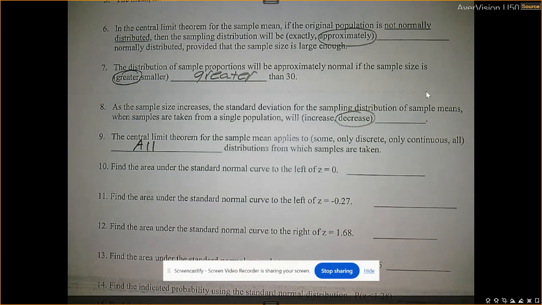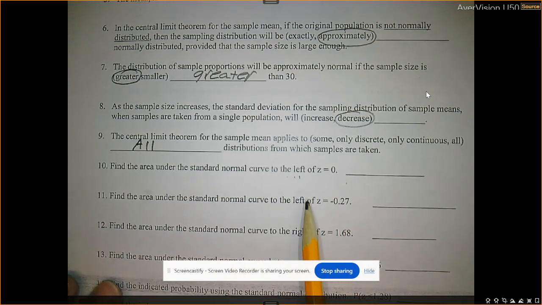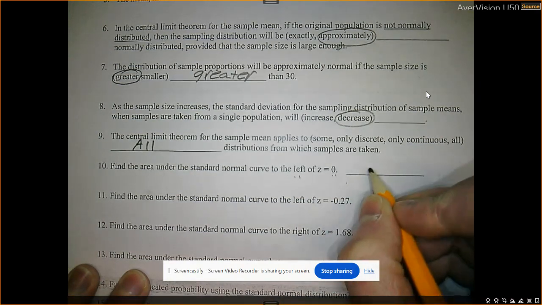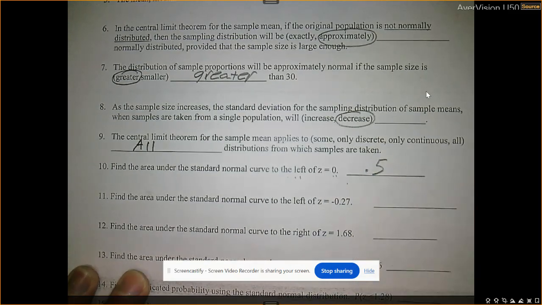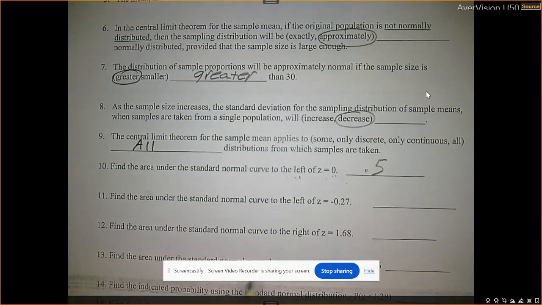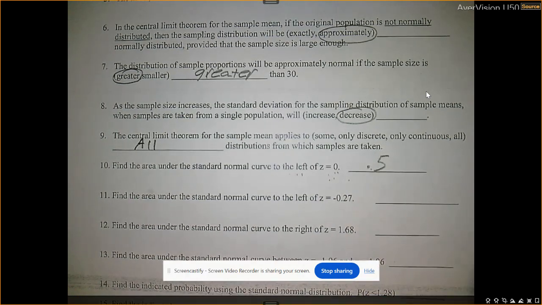Okay, and the area under the standard normal curve to the left of z equals 0. Well, if z is 0 right in the middle, and we said the whole curve has an area of 1 under it, well then if 0 is in the middle, then to the left of that would be 0.5, and to the right of it would also be 0.5. Okay, if you wanted to do that in your calculator with 0 as your upper bound, negative 1,000 as your lower bound, you could have, and you would get 0.5 that way also.